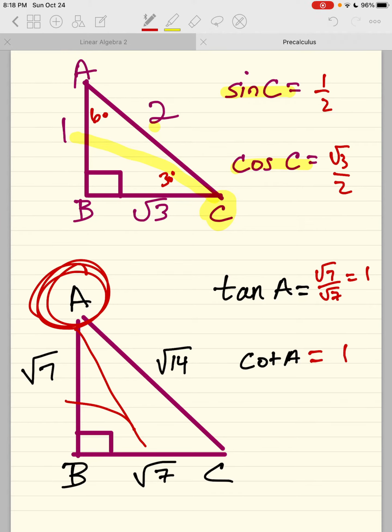This angle here is going to be 45 degrees. This angle here is 45 degrees. Isn't the tangent of 45 degrees 1? Of course. Isn't the sine of 30 1/2? Of course. Isn't the sine of 60 root 3 over 2? Of course. So you can do it that way as well.